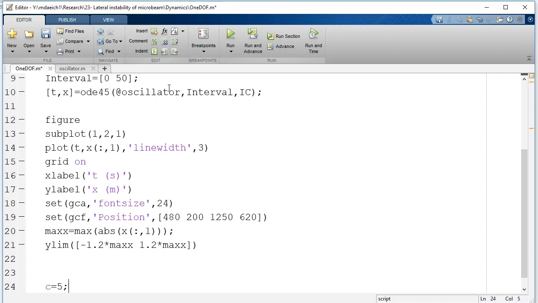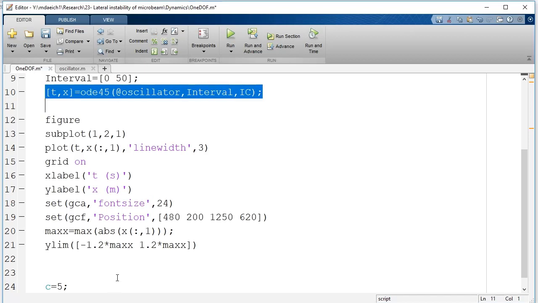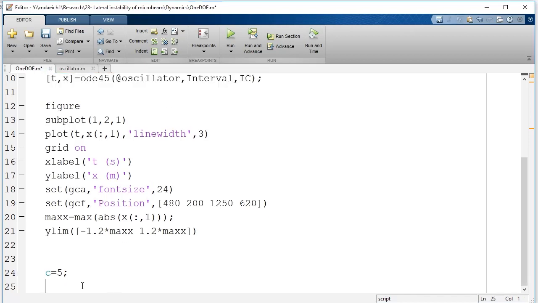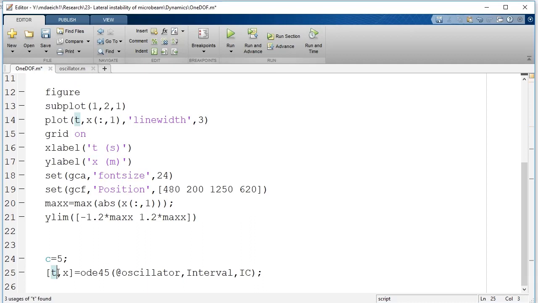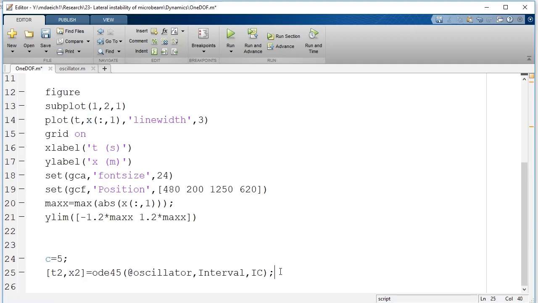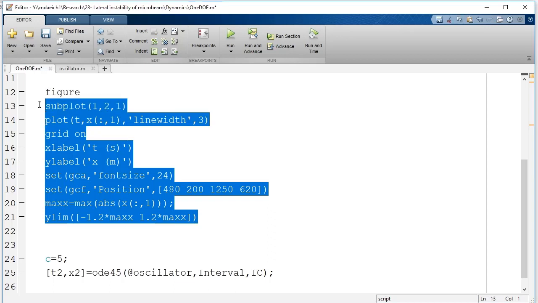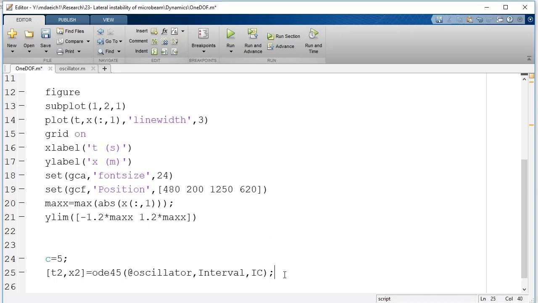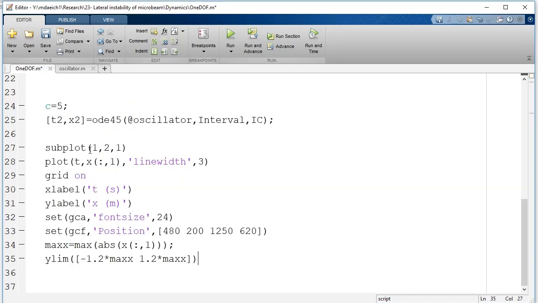And I want to solve this equation again, so I will bring this down here. Let's call this t2, x2. We want to solve the oscillator function again here. The interval and initial conditions are the same. So this is it. Then let me copy this here for the second plot.